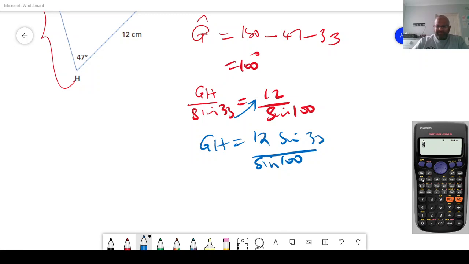Fraction 12 sine 33 over sine 100. That gives you a length, sorry, not an angle, a length of 6,6 centimeters in this case.